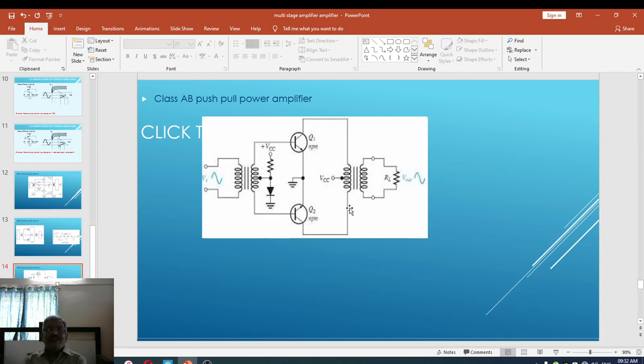In addition to that, to adjust the operating points of transistors Q1 and Q2 between the center of the load line and the cutoff point, the combination of resistance R and the diode D is connected to VCC and the ground.